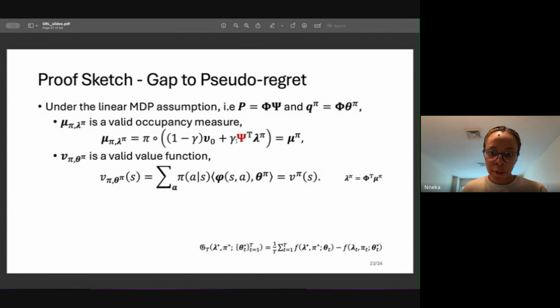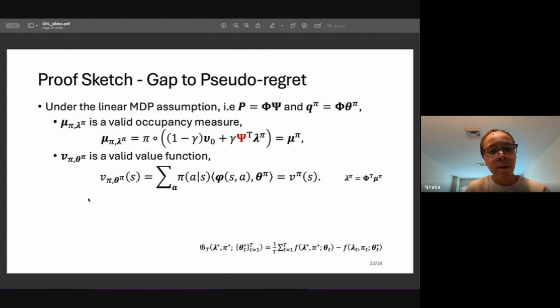This is true because, by definition, this is how I defined the parameterized vector. Now, because it depends on the true transition model weight psi, and lambda pi is just a feature expectation under mu pi, you can substitute this term here and show that this is just the state occupancy measure of policy pi, and so mu pi lambda pi is just the state action occupancy measure mu pi.